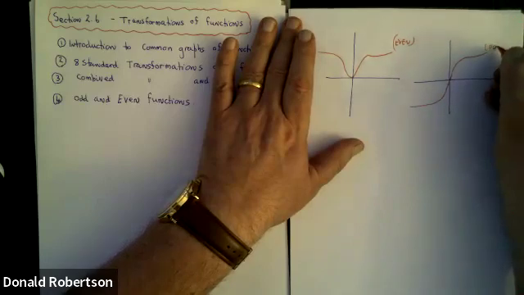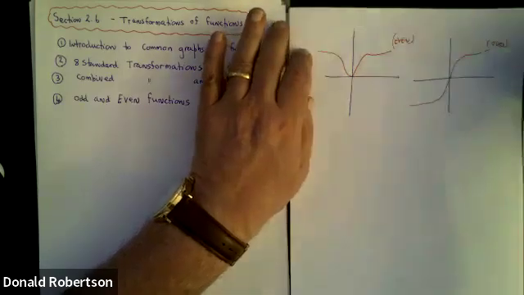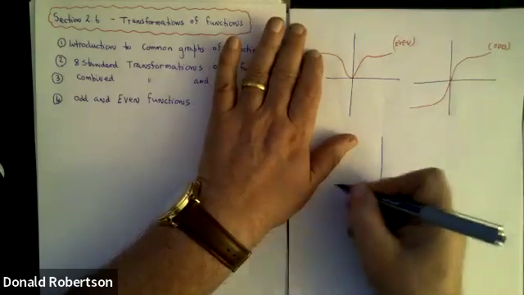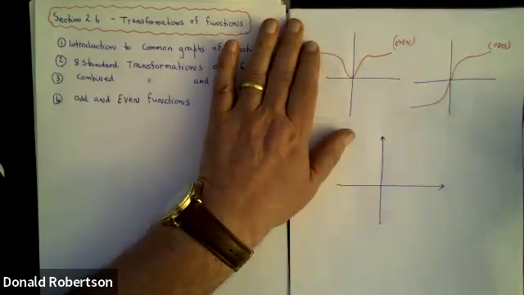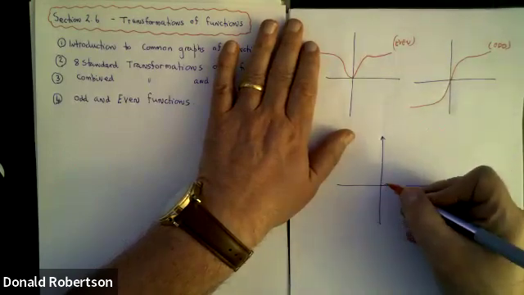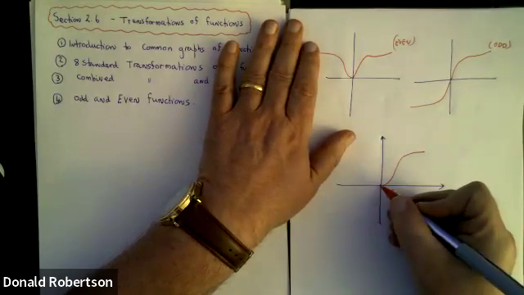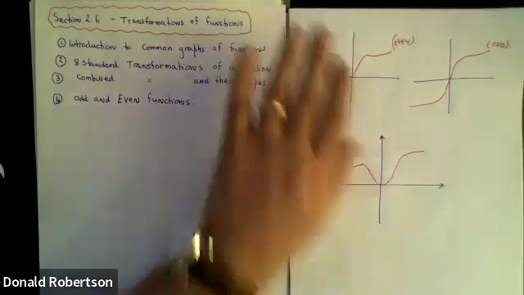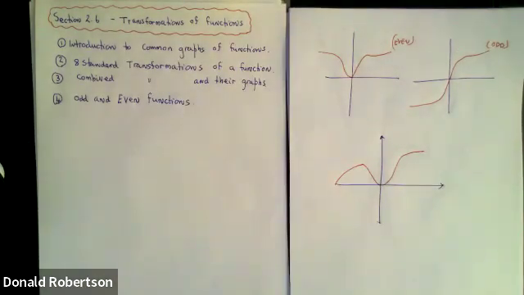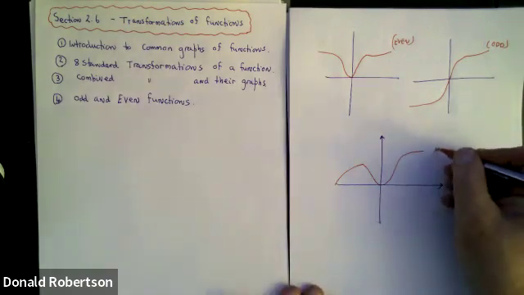You could get a function that's odd. Or you could get a function that's neither. So a function like this, and then like that. It's neither.